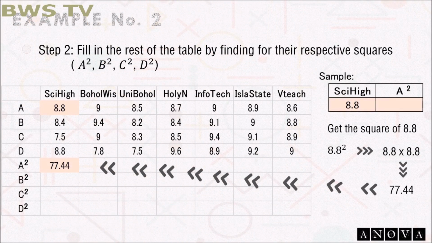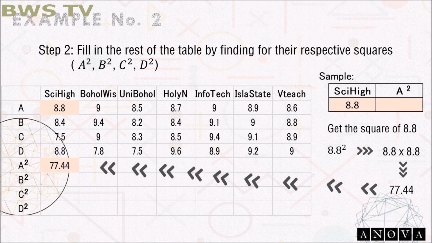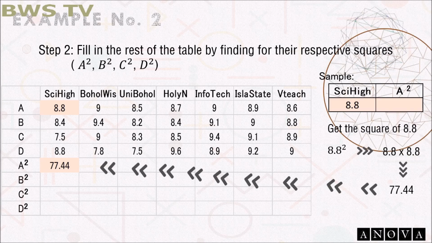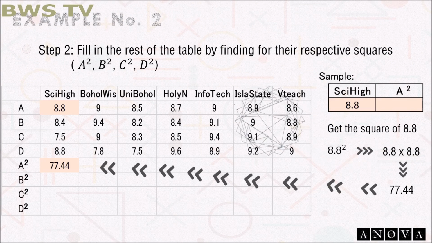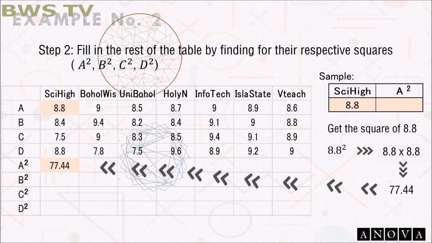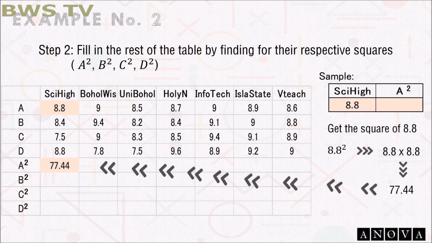So we have the example for Sci-High 8.8. First we have to get the square of 8.8. So 8.8 squared is equal to 8.8 times 8.8, and then you'll get 77.44.